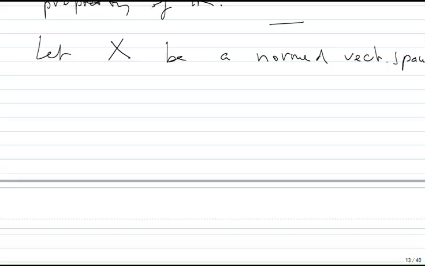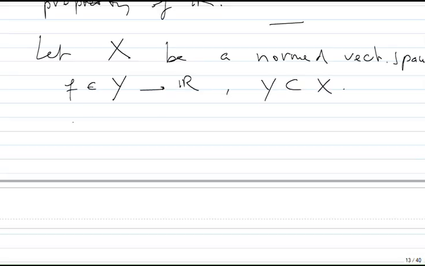We can take f in linear functions on a subspace, defined from Y into R, where Y is a linear subspace of X.